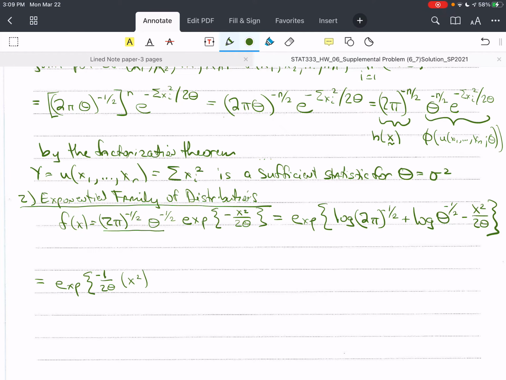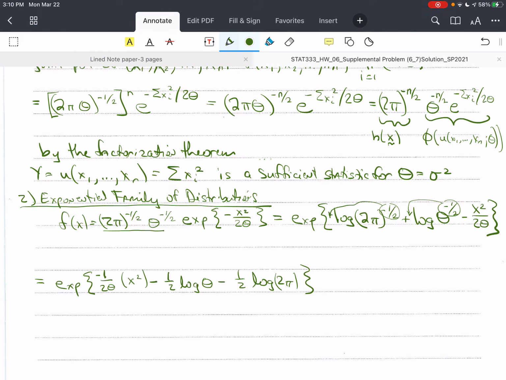And then this is minus 1/2 log theta minus 1/2 log 2 pi. Okay. I'm pulling the exponents down. These negative 1/2 go in front of the log.